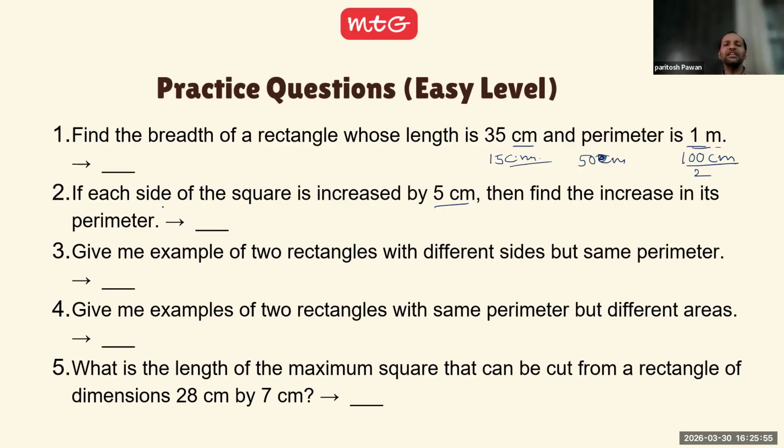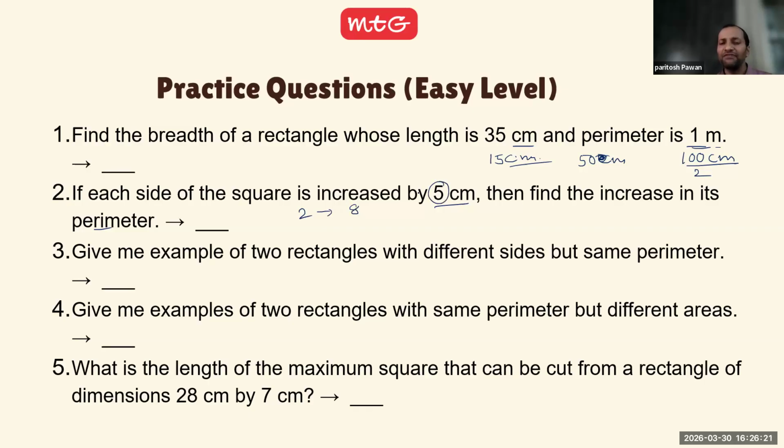So suppose I am assuming the side of the square is 2. It is asking perimeter. If it is 2, you can also calculate verbally. To make you understand, I am writing, but you can calculate it verbally. So 2 into 4, perimeter will be 8 if I have considered 2.